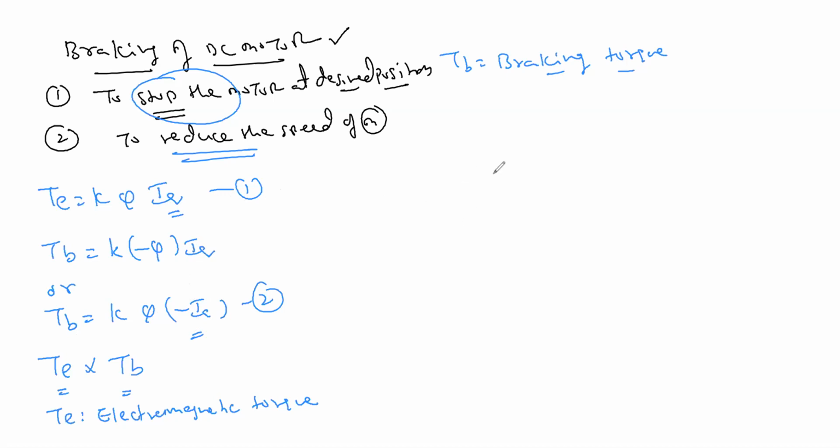So what are the braking techniques? All the braking techniques we are going to discuss will make the armature current negative, meaning generator action. So the motor has to be placed in generator mode to apply the brakes. All braking techniques make the motor operate in generator mode to apply the braking.